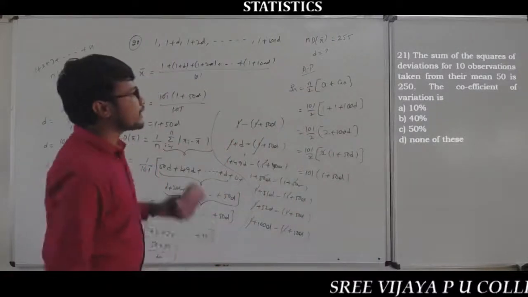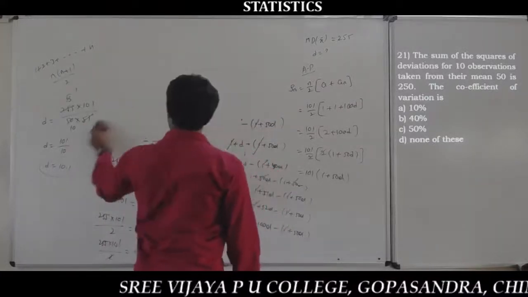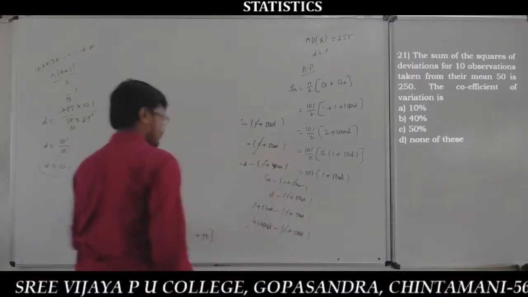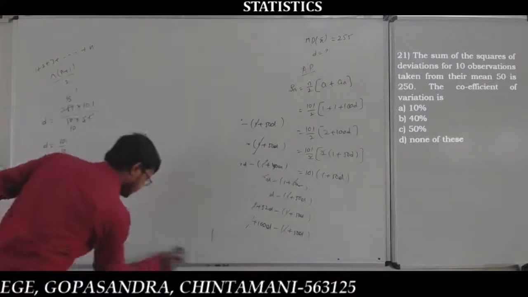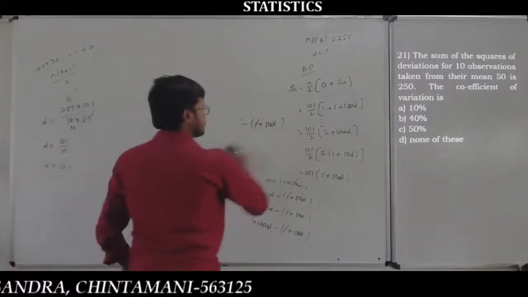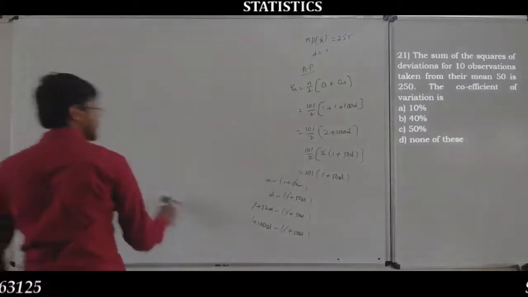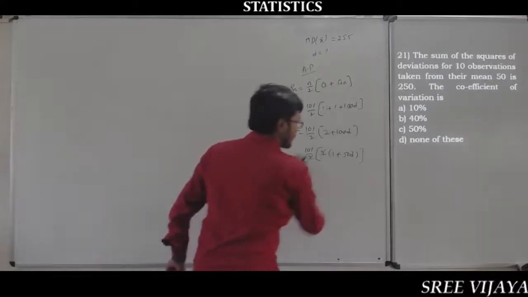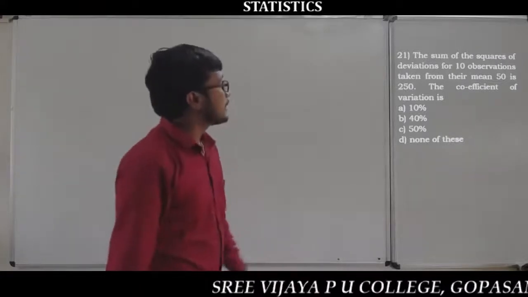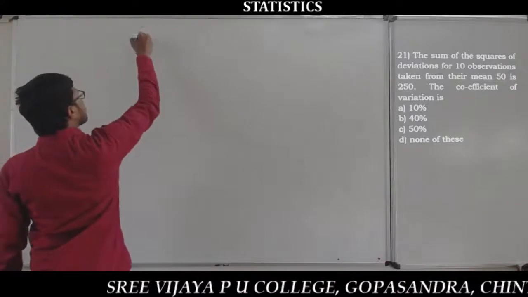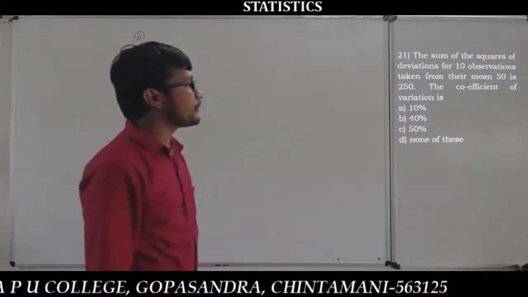Next one. The sum of the squares of deviation from 10 observations taken from their mean 50 is 250.